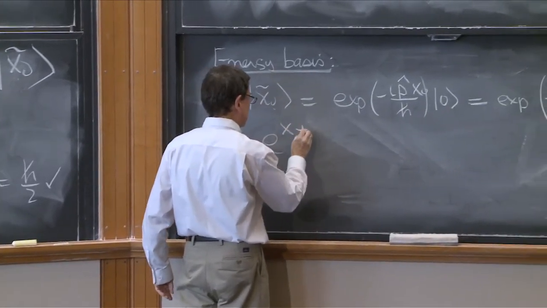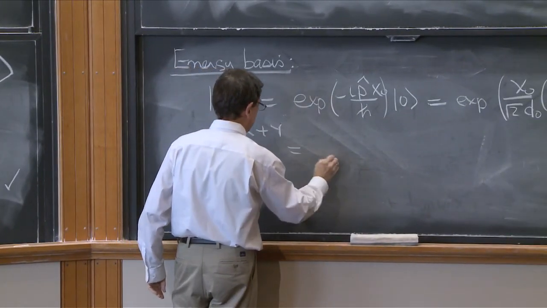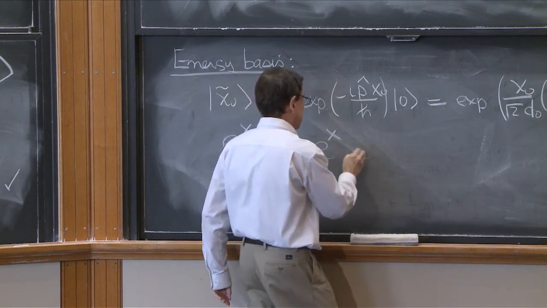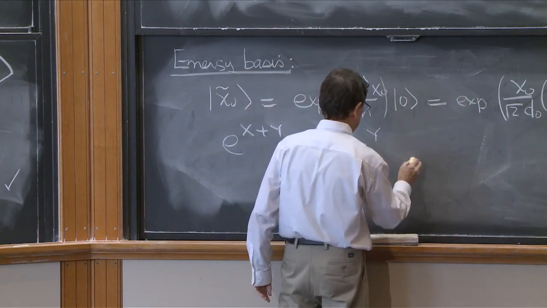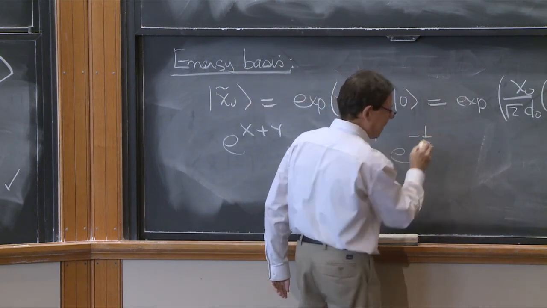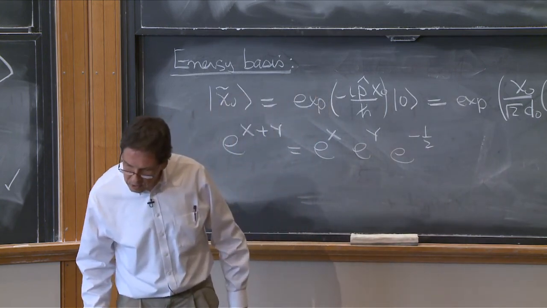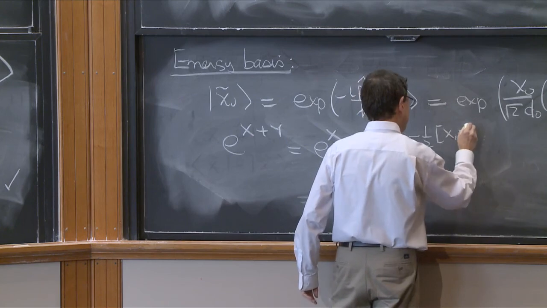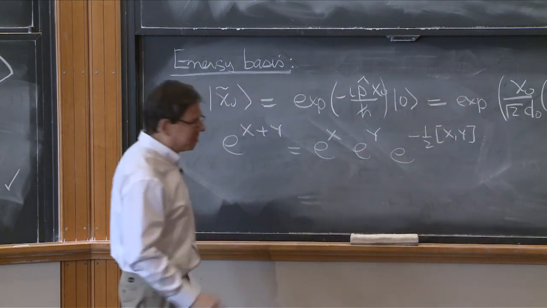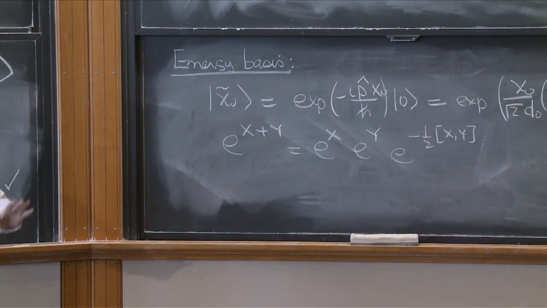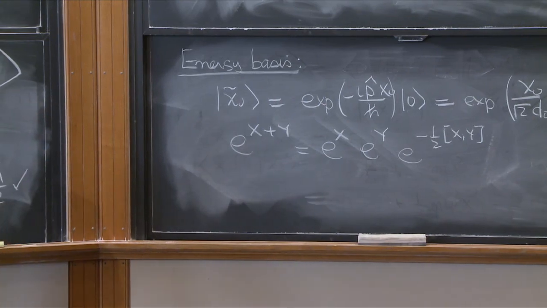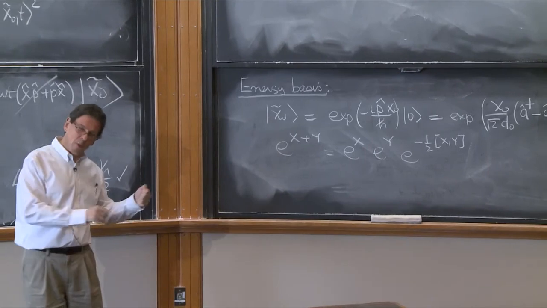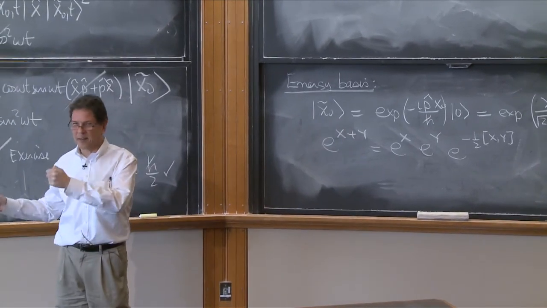e to the x plus y is equal to e to the x, e to the y, e to the minus 1/2, I don't know this by heart, xy commutator. And it stops there if and only if the commutator of x with y commutes with x and commutes with y.